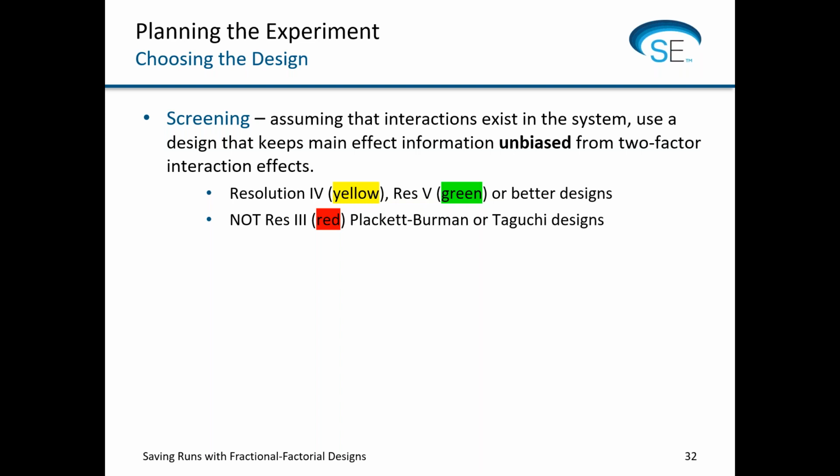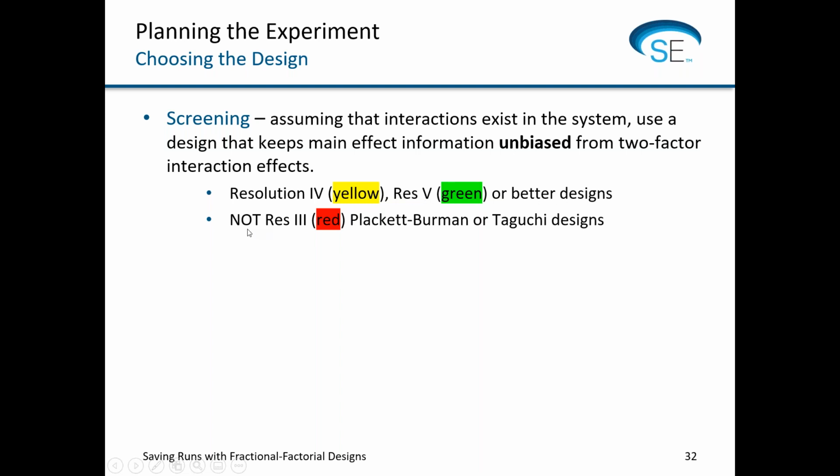So if you're wanting to get just main effects, just those linear effects, then you want to use a design that keeps the main effects information unbiased from 2-factor interactions. So you're going to use a yellow resolution 4 design, or you can definitely use a resolution 5 green design. That's fine.